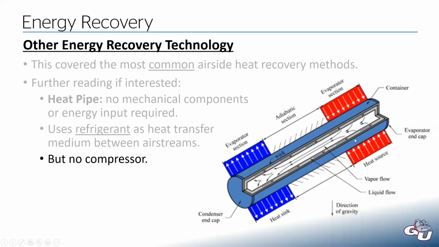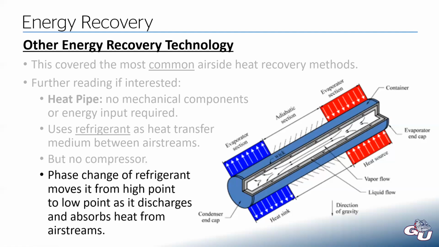It's going to want to rise towards the top, where it'll discharge its heat energy, and then it'll naturally want to fall. So this is going to cause a phase change of the refrigerant as it moves from the high point to the low point. It's going to discharge heat and then absorb heat over and over again, but it doesn't need a compressor to do that. It's just using the natural buoyancy of the refrigerant as it changes from a liquid to a gas.